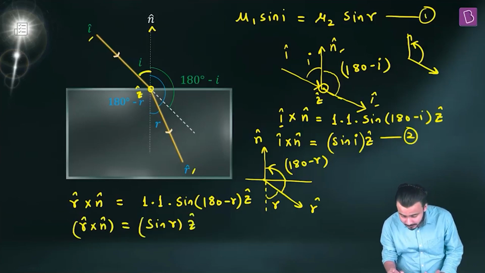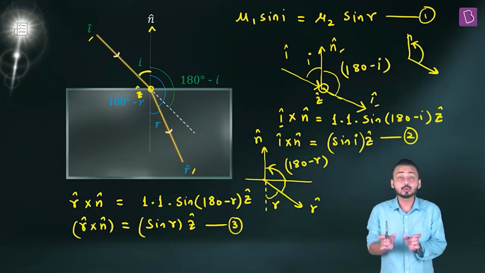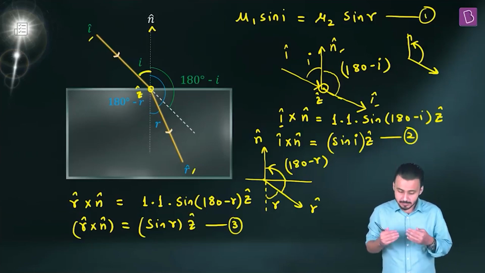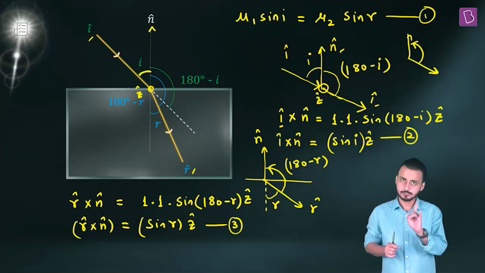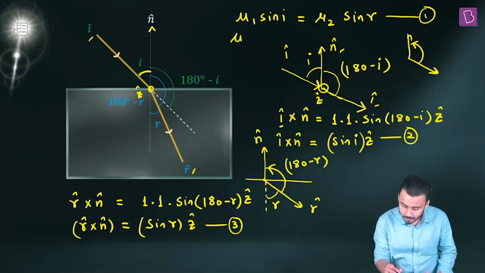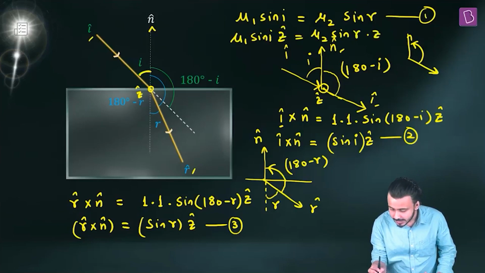Equation 3. Now look at equation 1. There are two things which are equal. Can we multiply both sides by Z cap? Yes, we can do that, right? To transform into vector form. So mu1 sine I times Z cap is equal to mu2 sine r times Z cap.